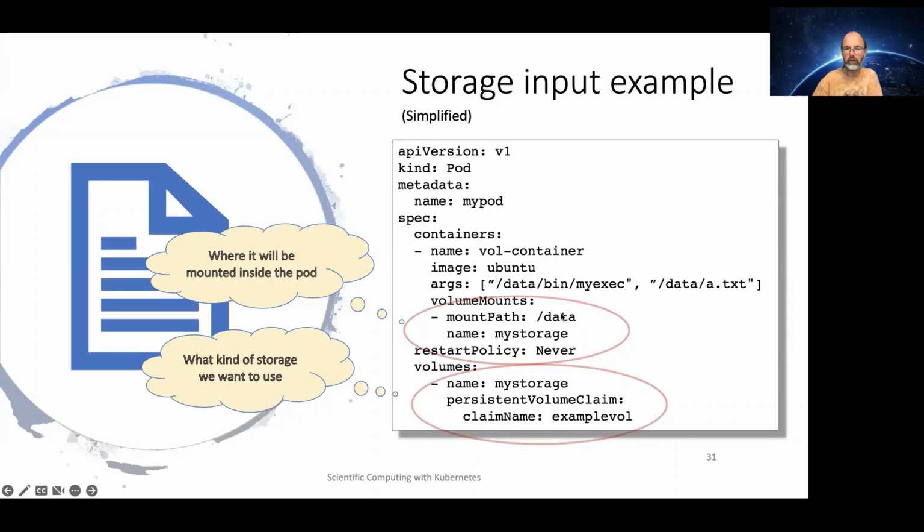Once you do it, Kubernetes will do it, and now you can use it. In this example, my executable was on the persistent storage, and my data was on this persistent storage. So everything runs from this existing persistent storage that Kubernetes had mounted inside my pod. Kubernetes has no idea what it is, but it will do what you asked of it.